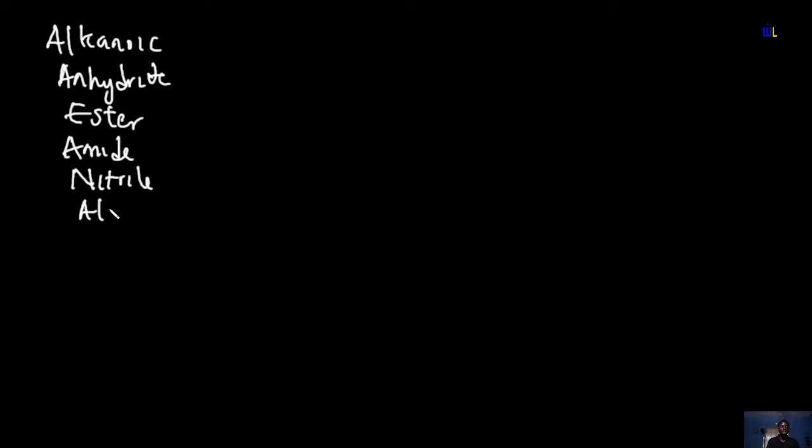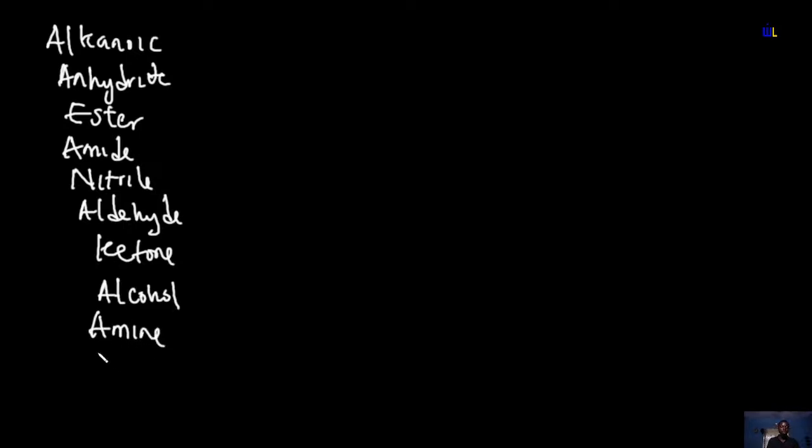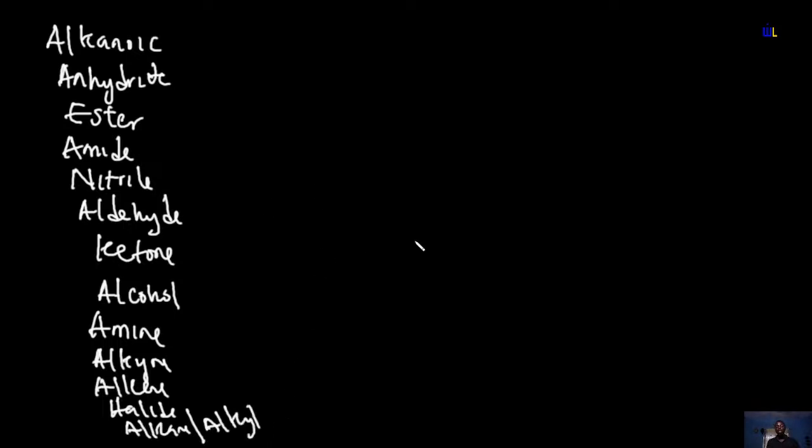Alkanoic acid, then you have your acid anhydride, your ester, your amide, your nitrile, your aldehyde, your ketone, your alcohol, the amine, your alkyne, alkene, halide, alkane, or alkyl, basically. Okay, so let's come back.